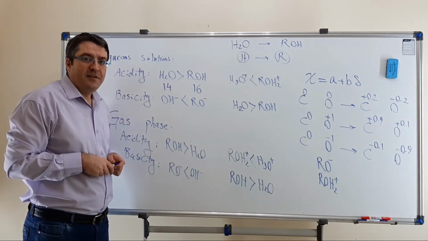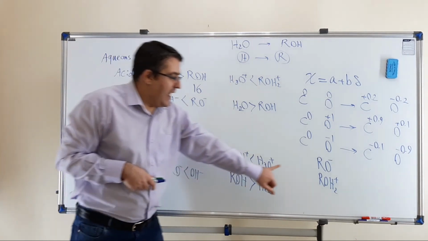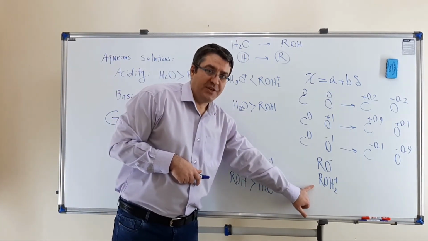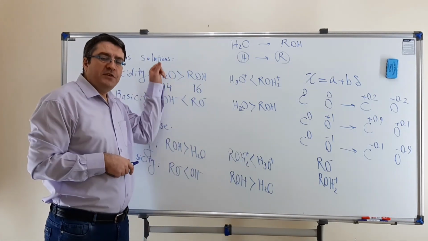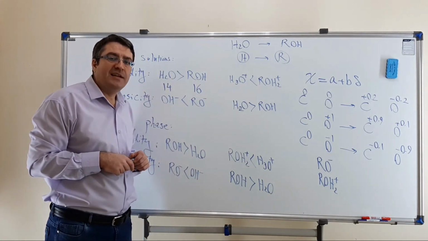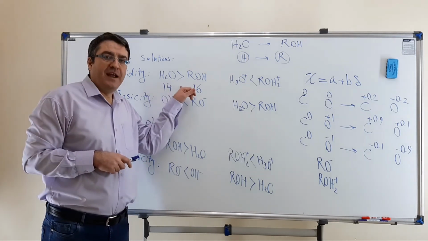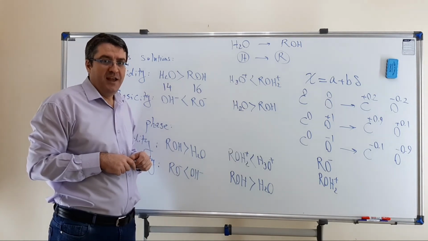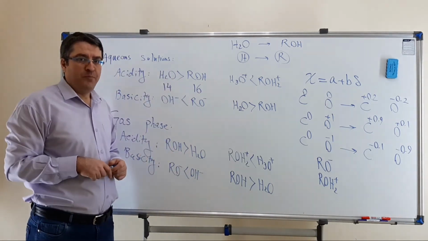So we see that in the gas phase, alkyl groups help ionic species. But in aqueous solutions, the presence of alkyl groups doesn't let solvation effects help ionic species. And this results in these orders of acidities or basicities.